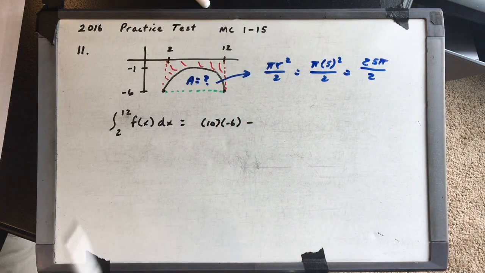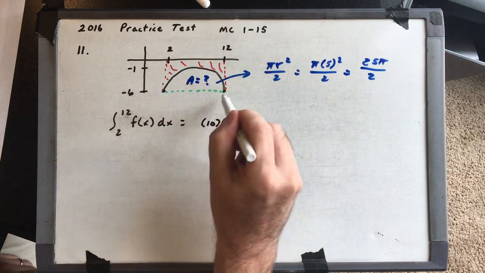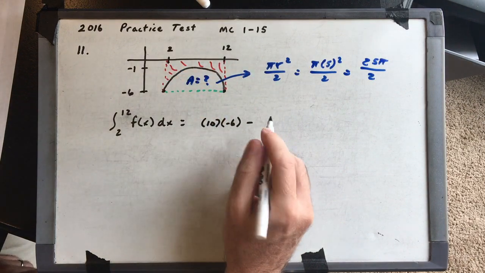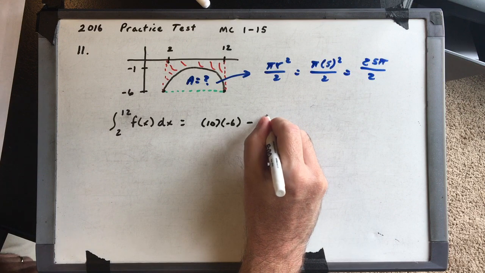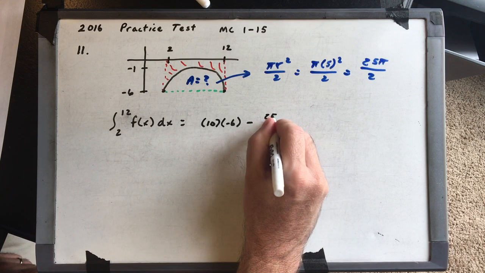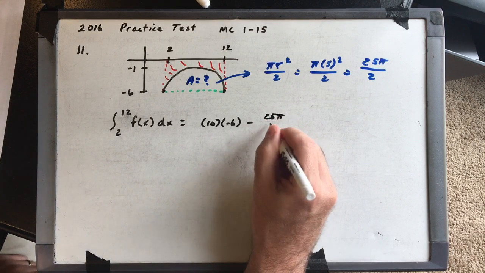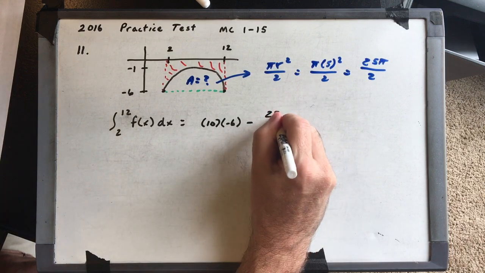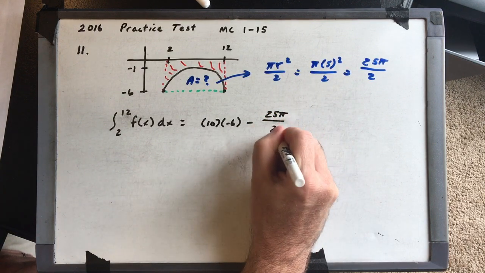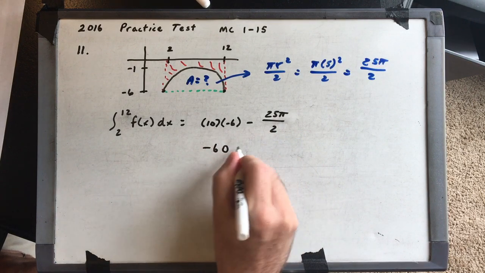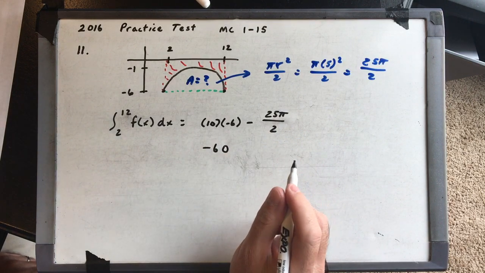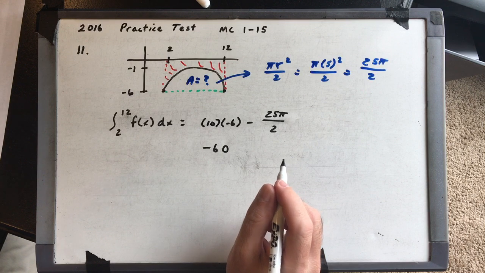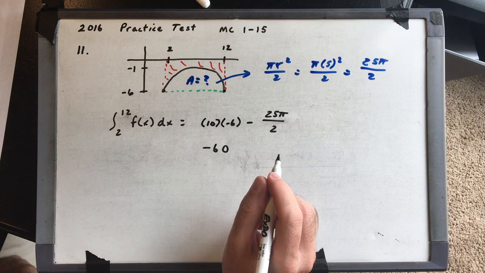So the area, the red area there, is going to be the entire rectangle, which is -60 minus 25 pi over 2. Sorry, it's messy. So that's going to be -60. Wouldn't be minus. I'm so sorry about that.